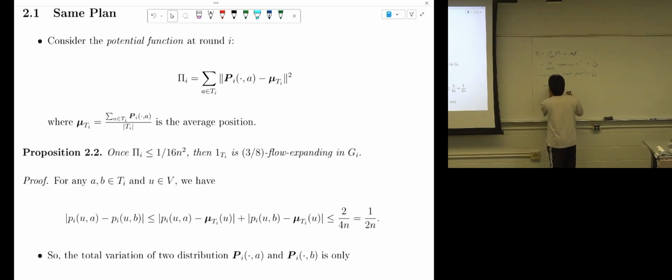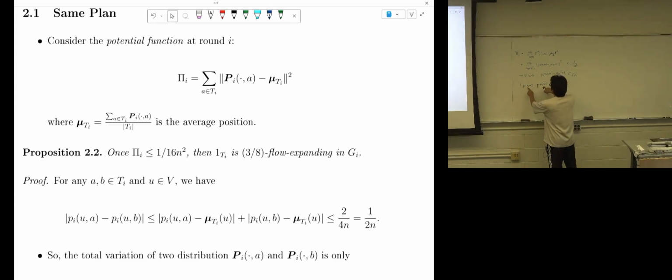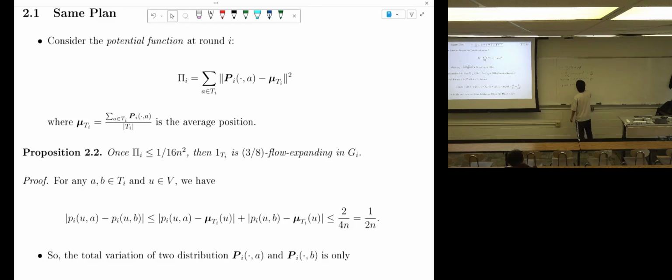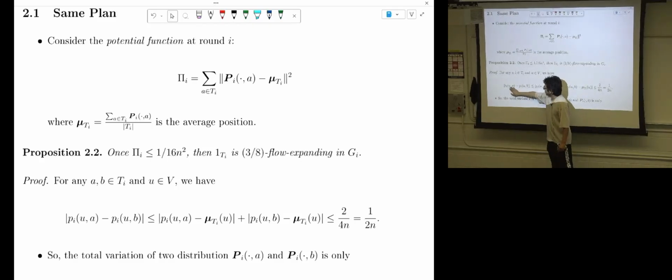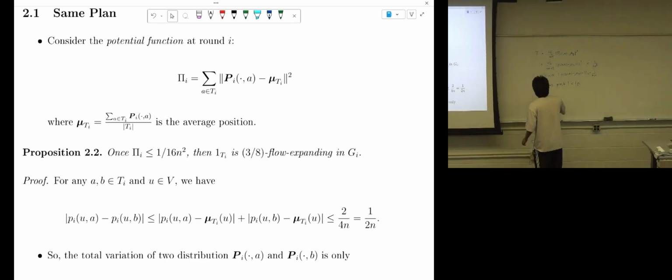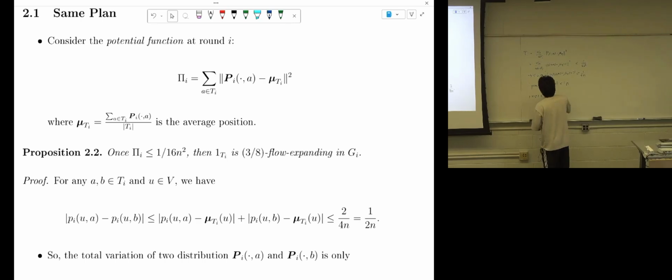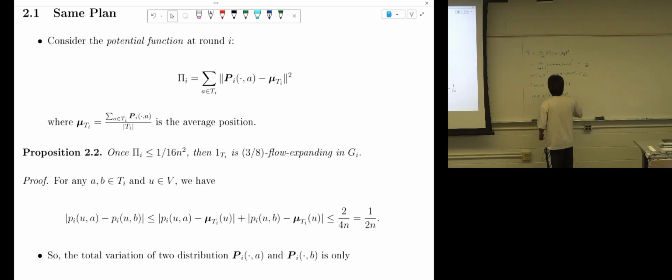This is just the triangle inequality. If you have x and y, the distance is at most x minus z plus z minus y, for all z.